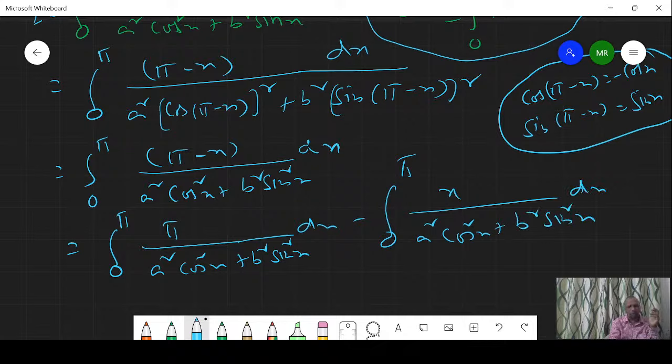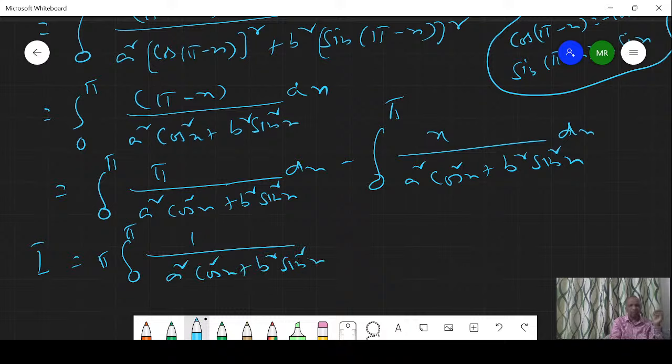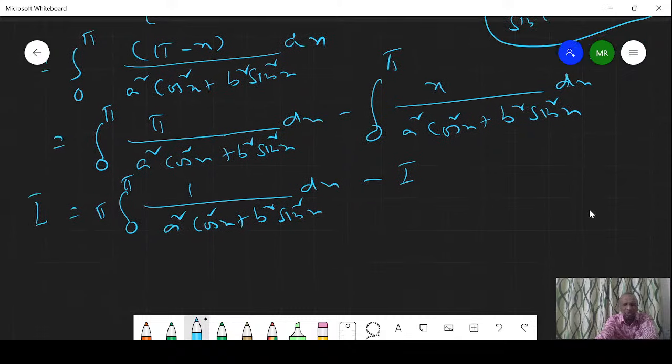So this is the given problem. I can replace it with I. On the left side anyhow we have I. I is equal to pi, I can take it outside, 0 to pi, 1 by a square cos square x plus b square sin square x dx, minus I. Thus you can take minus I here.